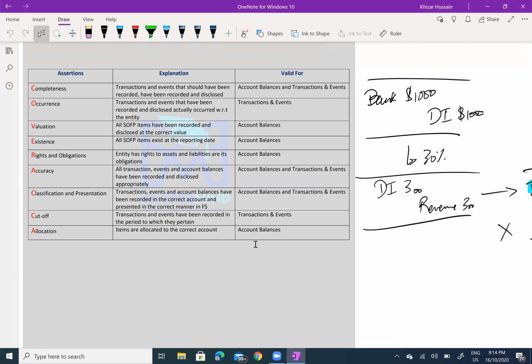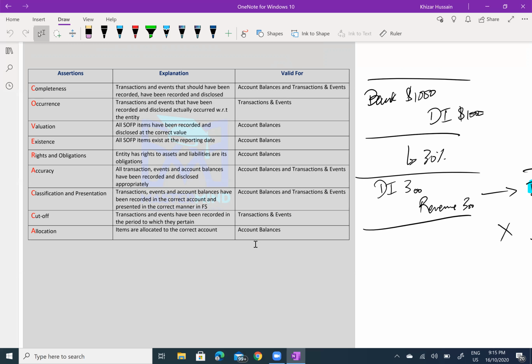Valuation is valid for account balances. Existence is valid for account balances. Rights and obligations valid for account balances. Accuracy valid for account balances and transaction events. Classification and presentation obviously is valid for all these things, because everything is being classified, and management claims that everything is classified in the correct account and presented correctly. Cutoff is valid for transaction events, for example, revenue.